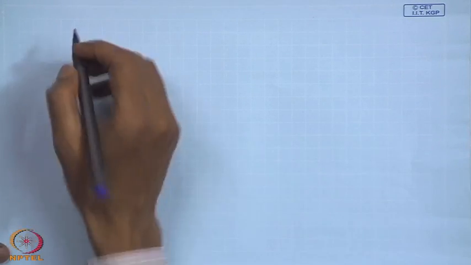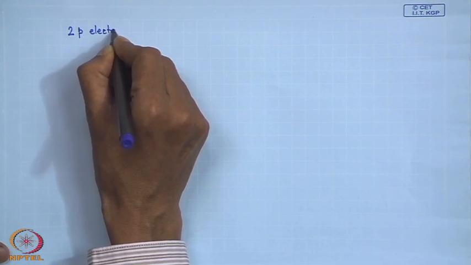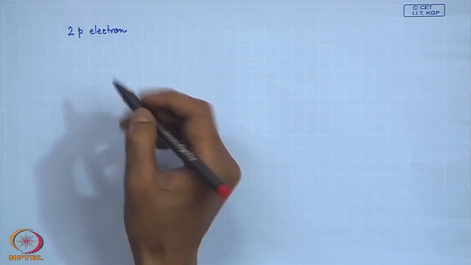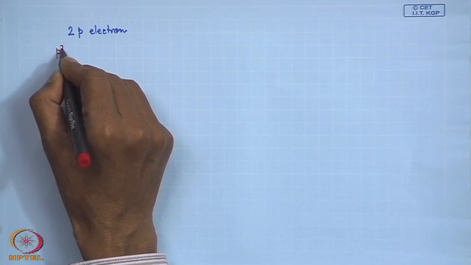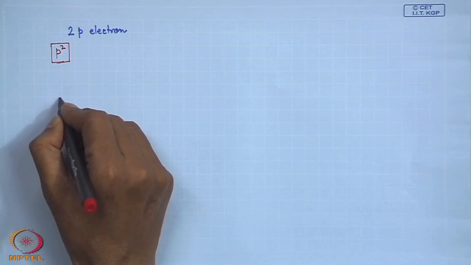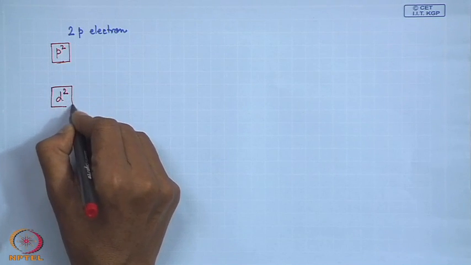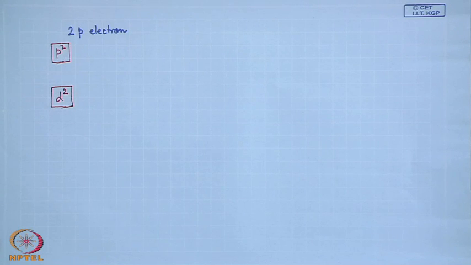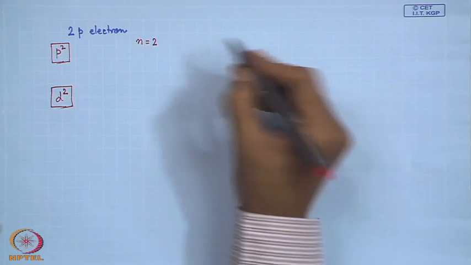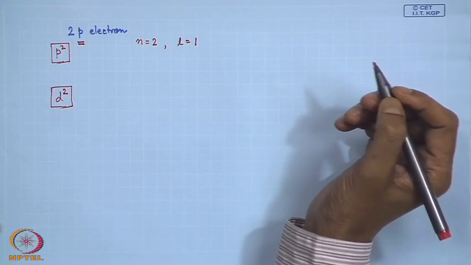So, if we have a 2p electron system, in a particular electronic state we can have, like d2, the p2 electronic configuration. In the simplest possible case, for a p2 electronic configuration, since it is a 2p electron, the n value is equal to 2, and since it is p, the L value will be equal to 1.